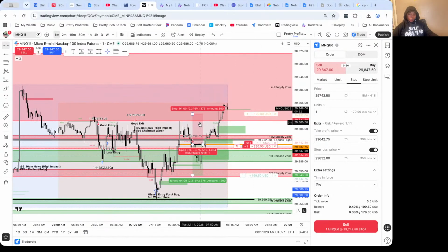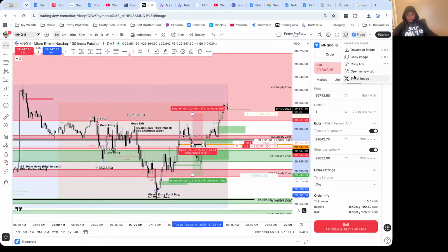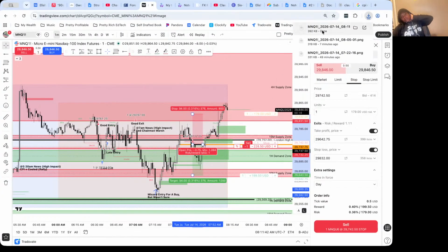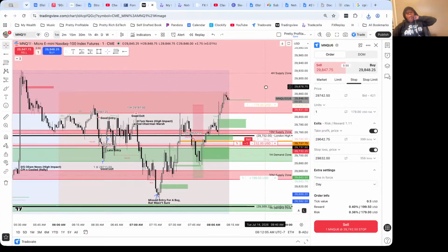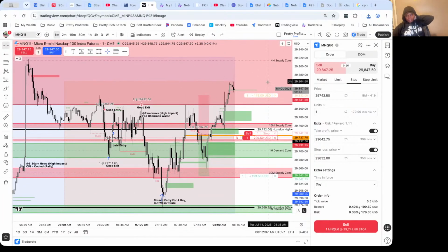So I guess, let's see what this looks like. Because my stop loss is not hitting.